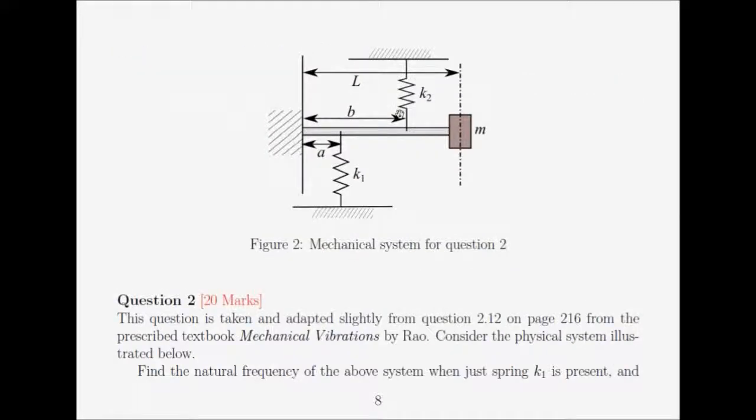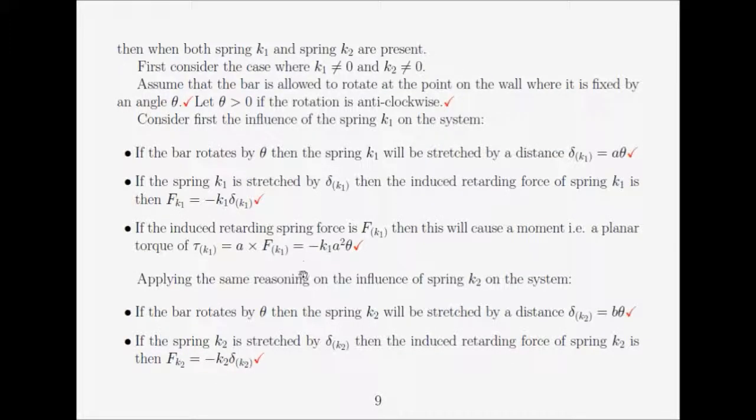We would apply the same reasoning to the other spring K2. If theta is positive, the rotation is anti-clockwise, and that would squash the spring. If theta is negative, rotation will be clockwise and it will stretch the spring. We don't really care; the sign convention is implicit. This is the radius arm, and this is the point of application.